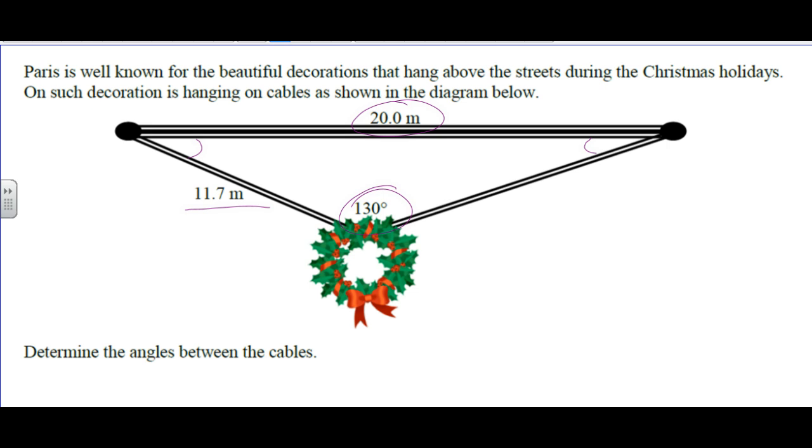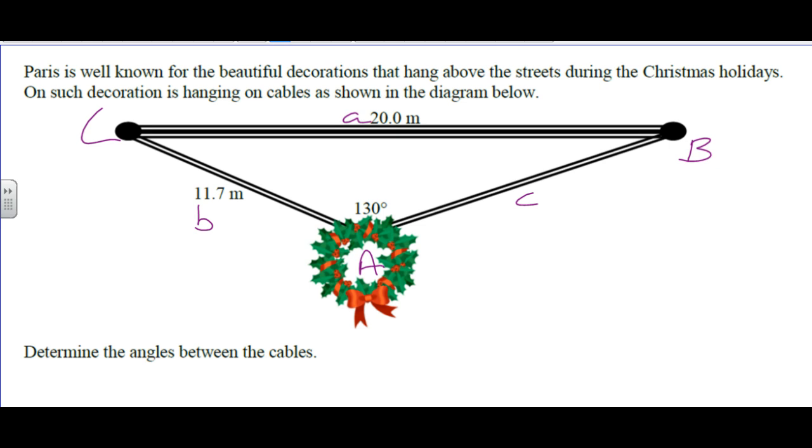Okay, so let's label it. What are we going to call this? Call this A, B, C. That makes this little a, that makes this little b, and that makes this little c. Okay, well, to find an angle, we only have to use the sine law once, and then we go 180 minus those two angles, and we get the other angle, right?